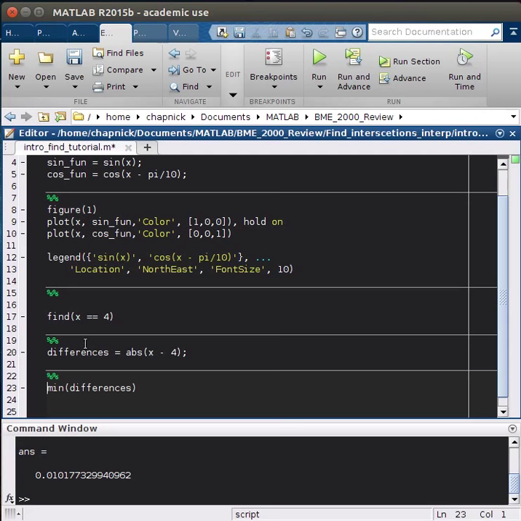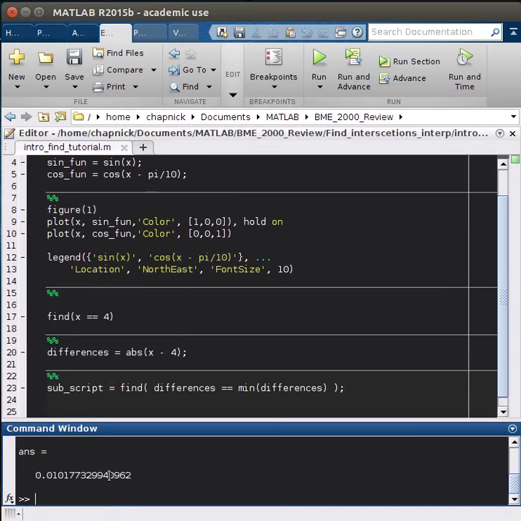Again, we're going to use the find function because that will return a subscript for where a certain value is. So find when the differences are a minimum. Let's store that in a value, so let's say subscript is that. Let's print that out. Subscript, and it returns 128.